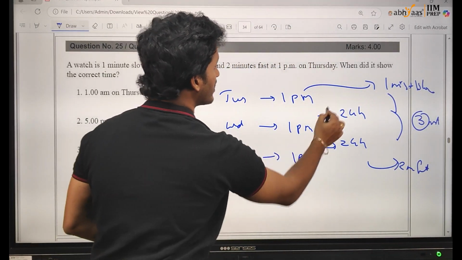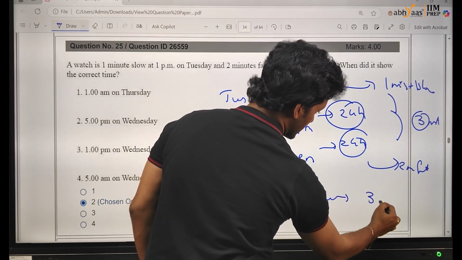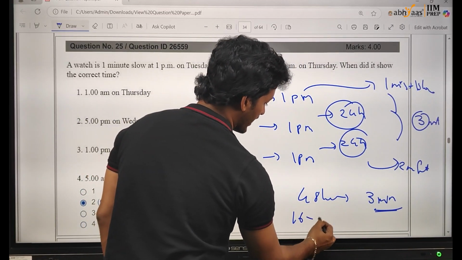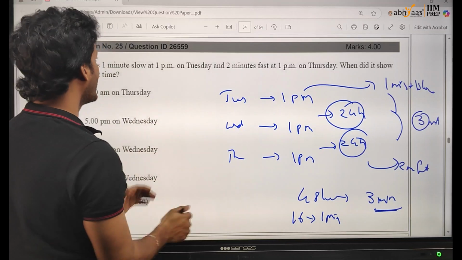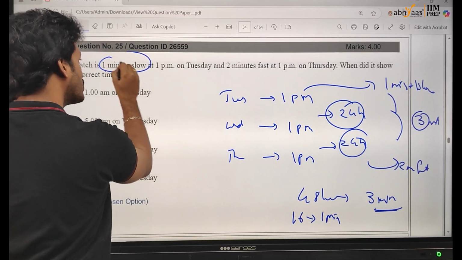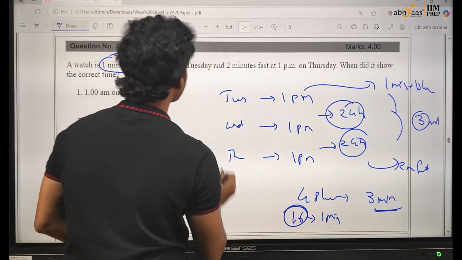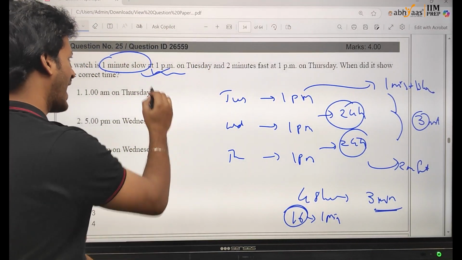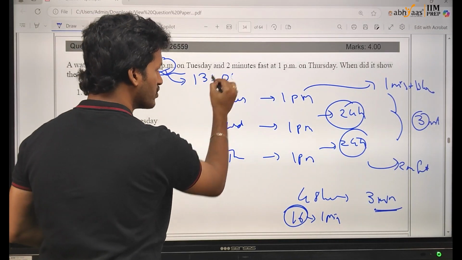That means in the given 48 hours, I got 3 minutes gain. That means for each 16 hours, I got 1 minute gain. So to show the right time, my 1 minute slow has to go away. It can be done only after 16 hours from 1 p.m. on Tuesday. If I add 16 to 1 p.m., actually 1 p.m. can be written as 13, right, according to railway timing.